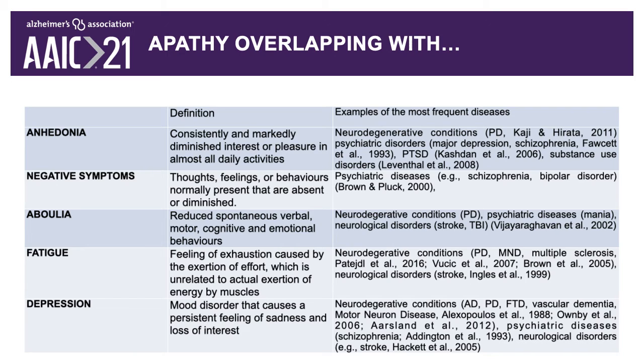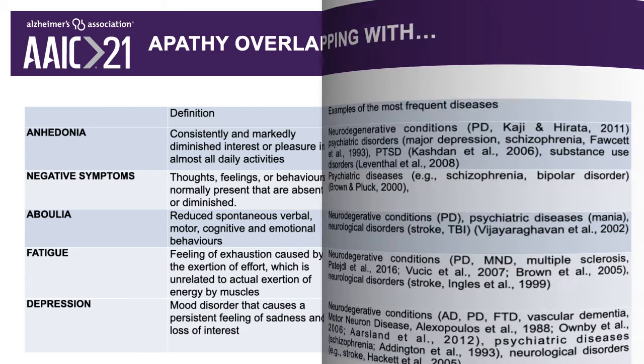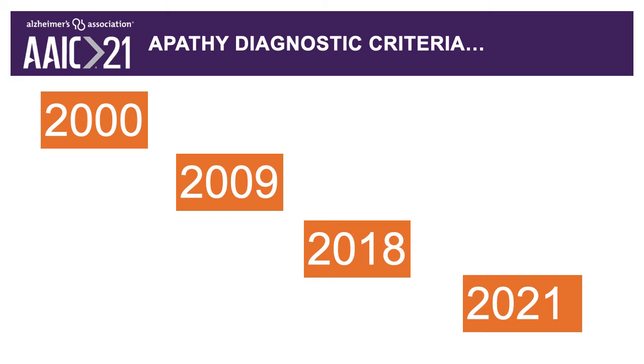And it is understood now that some symptoms of apathy are shared with those observed in depression. With this in mind, let's move now to the presentation of the diagnostic criteria.